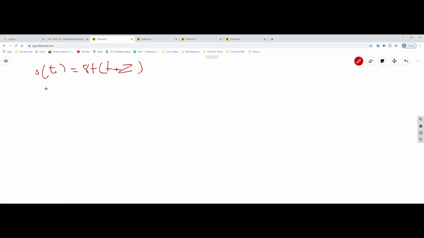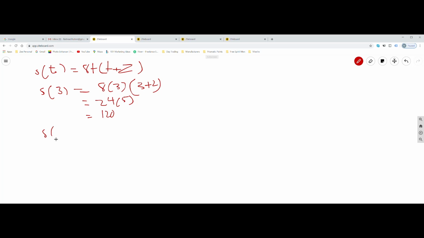So what we need to find is s at 3, which is equal to 8 times 3, and 3 plus 2, which is 24 times 5, which is equal to 120.